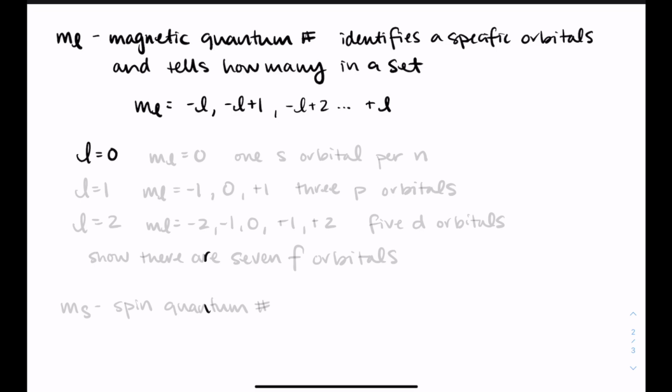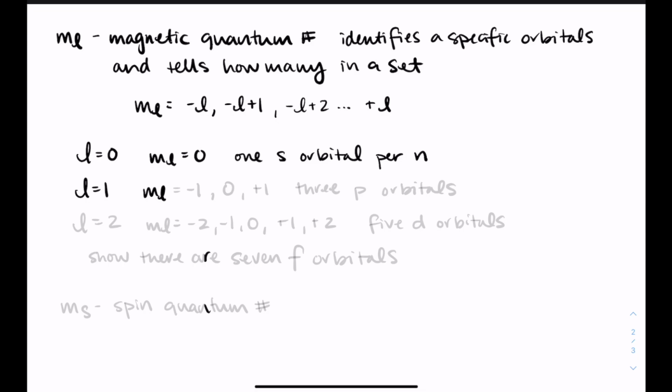If we go up to L equals 1, now my range is minus 1 to plus 1 with everything in between. So minus 1, 0, and plus 1 are my options. This means that when I have the availability of L equals 1, which is the p orbital, then what I really have is a set of 3 p orbitals.